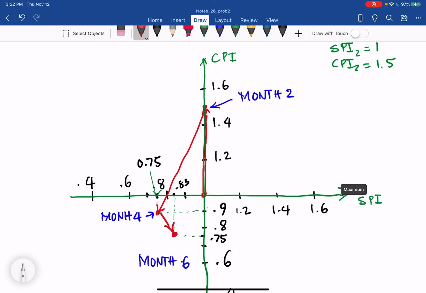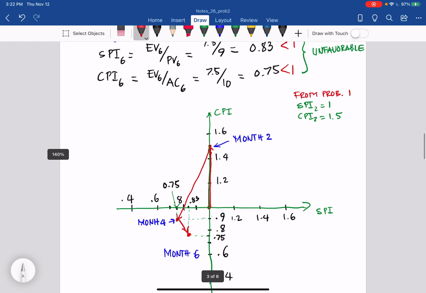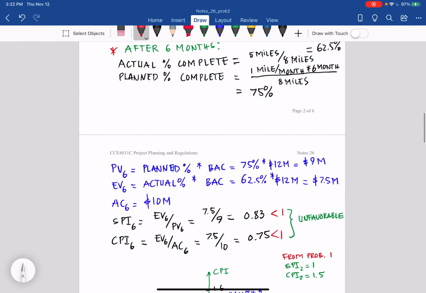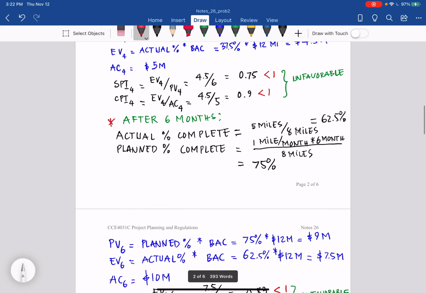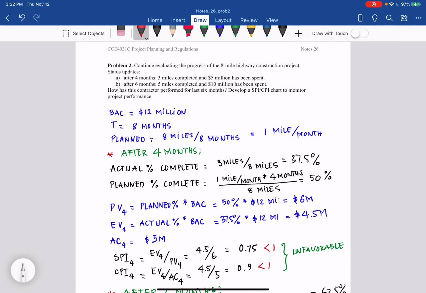But it seems the schedule is improving, while the cost goes even more over budget when we move from month 4 to month 6. So that is problem 2. In the next problem, problem 3, you apply the earned value method to determine and forecast the construction time and cost.